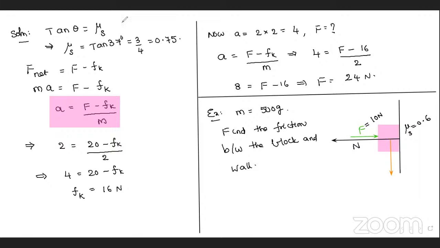Come to this problem. Because of mg, it will try to slide down or up, first of all. It will try to slide down. That's why, since its tendency is to slide down, friction will act in the opposite direction. This is the direction of friction.